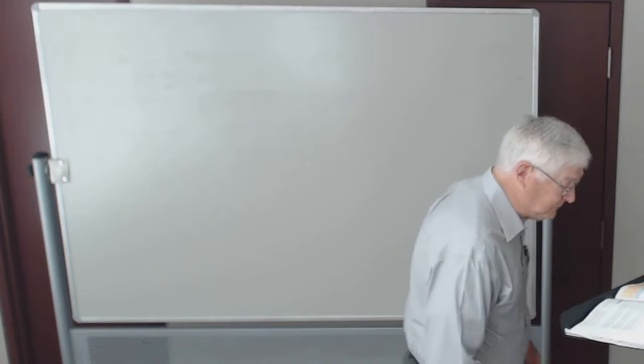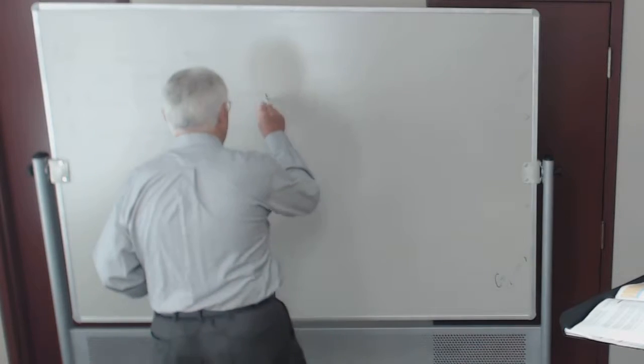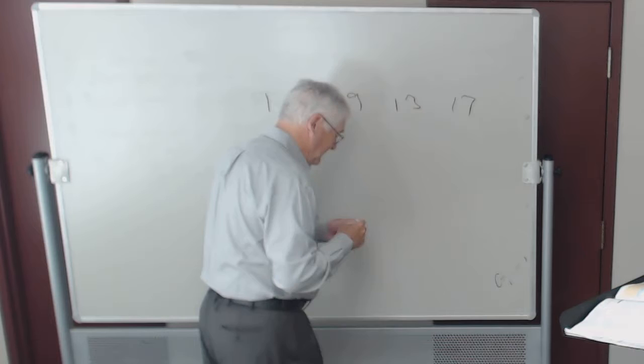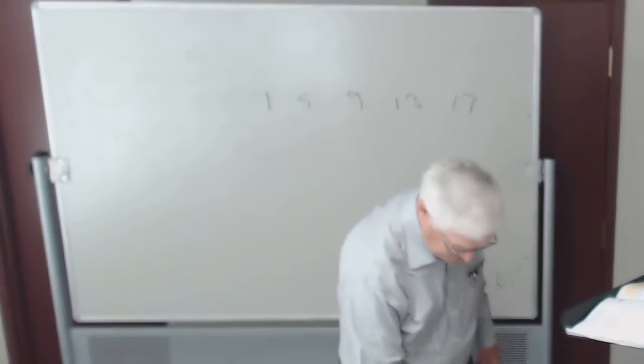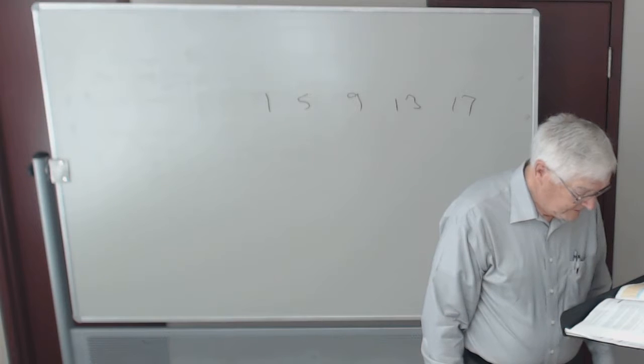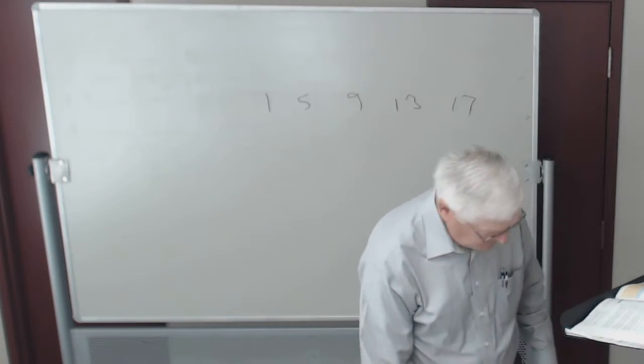So while I'm putting the first one up here, 1, 5, 9, 13, 17, you can look up the definitions. And what does page 796 say the mean is?